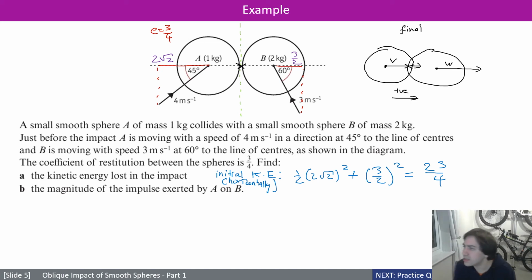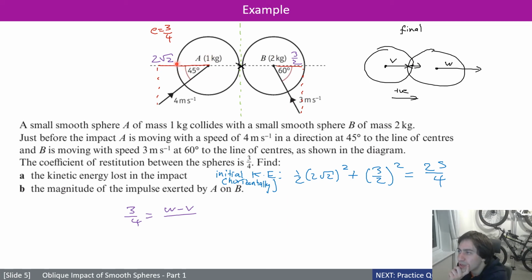So first of these is going to be the e. I'm going to say 3/4 equals, so right minus left is W minus V, divided by left minus right. But then we have to be a bit careful here because I said I'm treating these as one-dimensional vectors. So we have to do the same here.